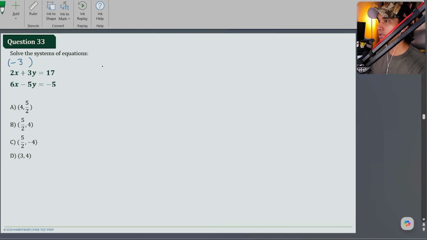So let's go ahead and multiply first. So negative 6x, and this is minus 9y equaling, what is 17 times 3? That is 51. And that's negative 51.